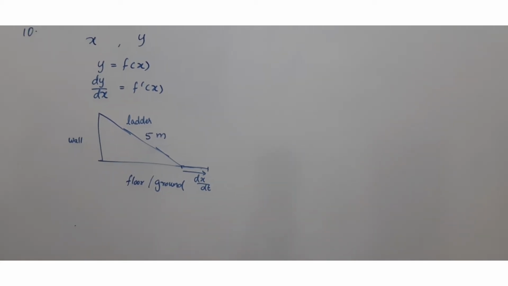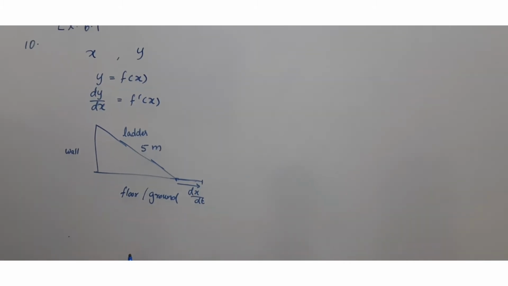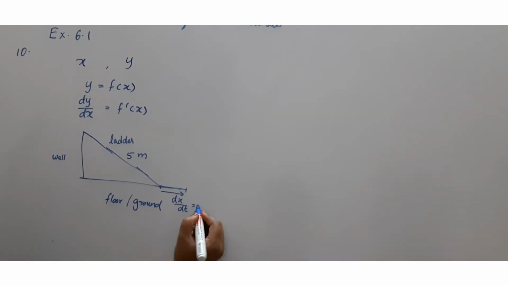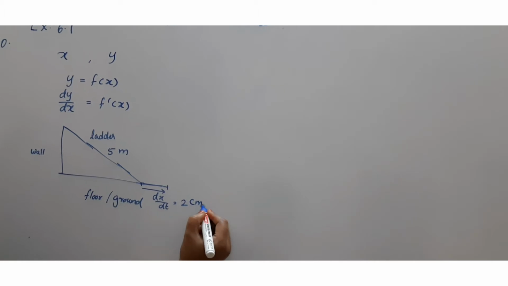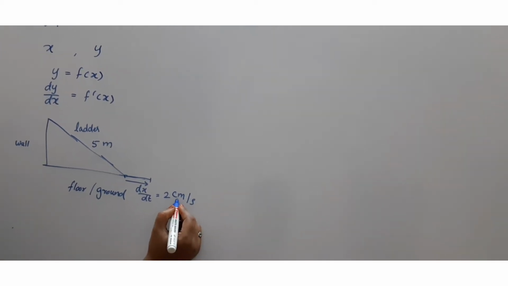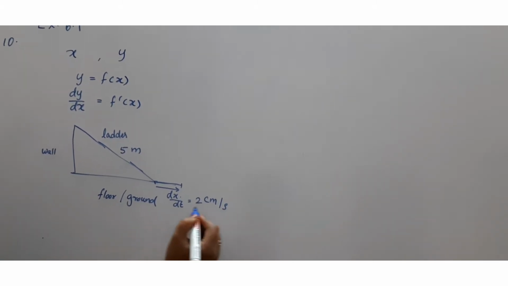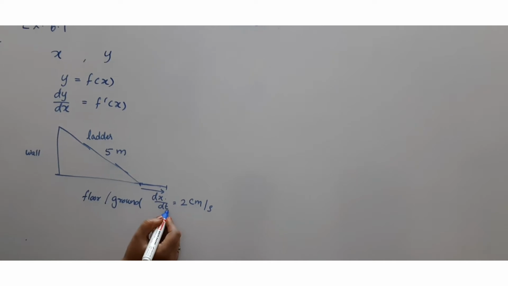The rate of change indicates that it changes with time. The value given is 2 centimeter per second. This is also understood from the unit. Centimeter indicates the distance, the unit of x, and per second indicates the unit of time.